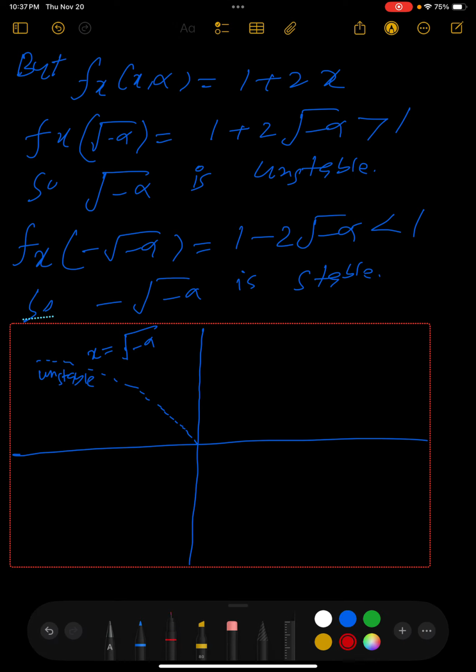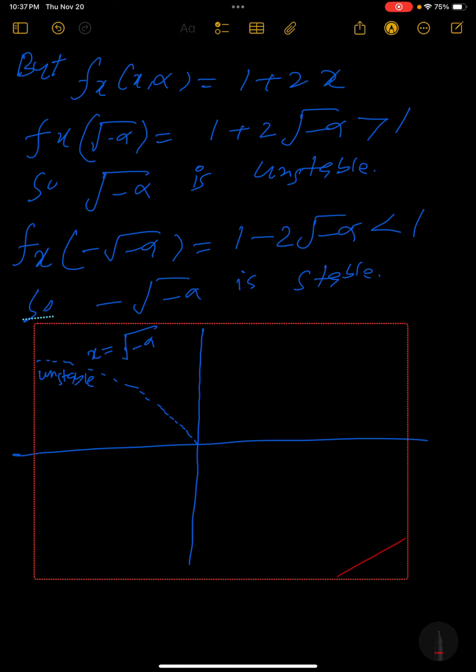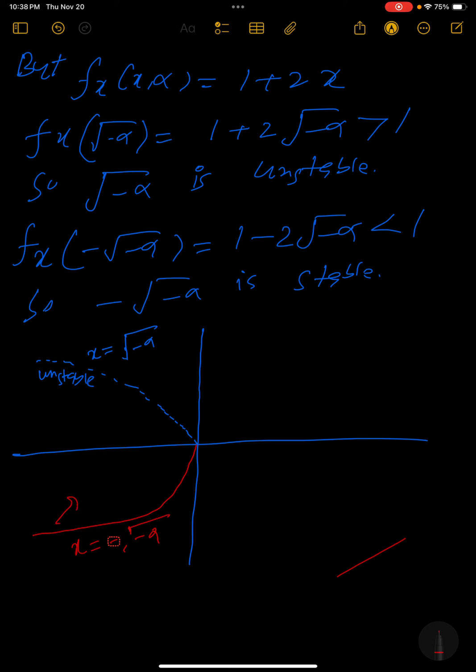But this is x equal to minus square root of minus alpha, stable. So this is the bifurcation diagram.